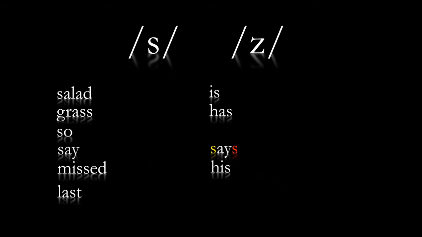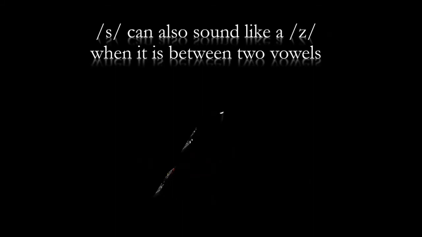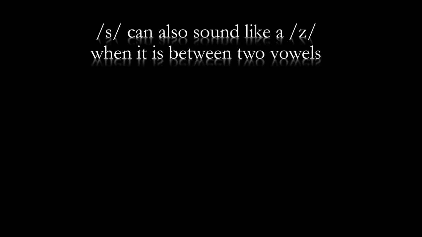Usually when S is in a one-syllable word, when it's after a vowel, many times it could have a Z sound. S can also sound like a Z when it comes between two vowels, which is what we're talking about here in this unit.